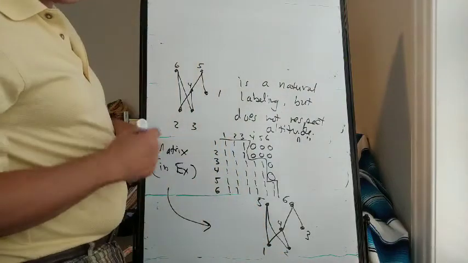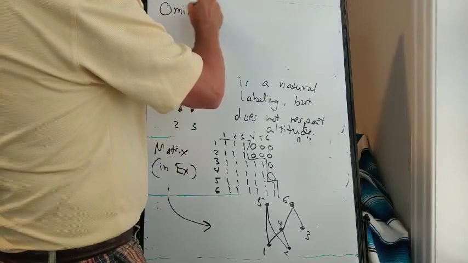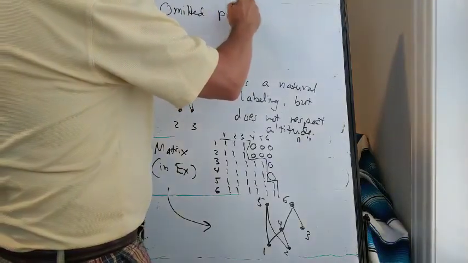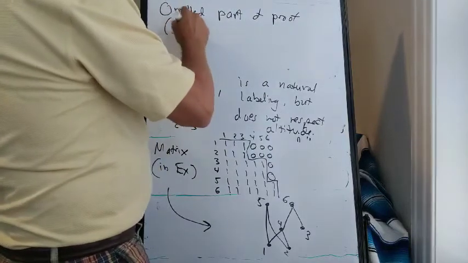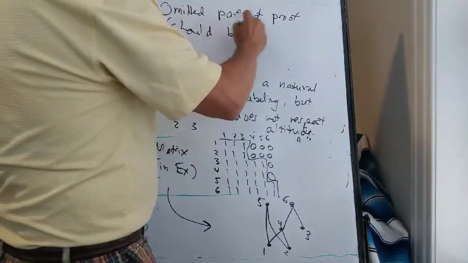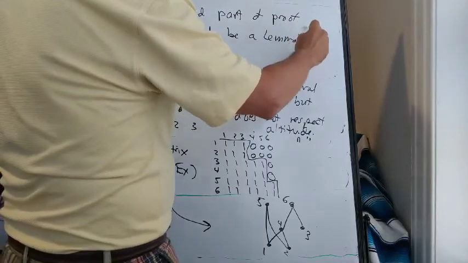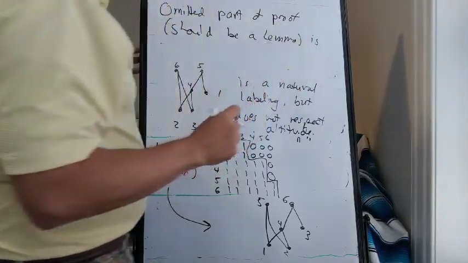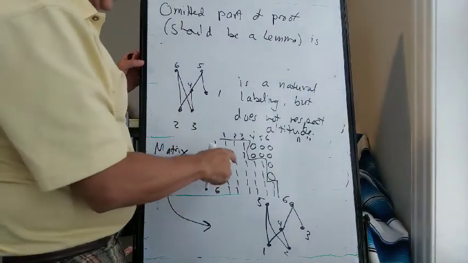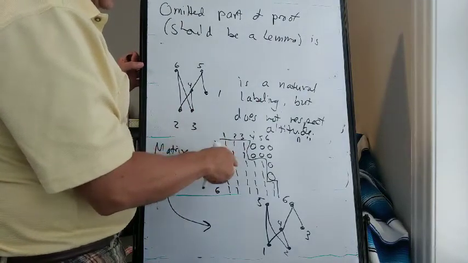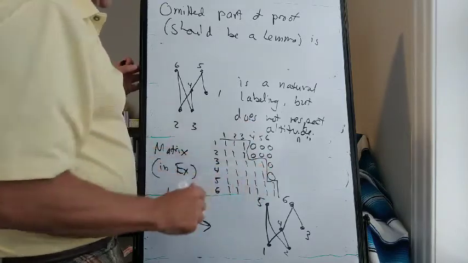So the crucial part of the proof, which I'm omitting, which should be a lemma, is that when we use an altitude respecting labeling, this matrix has the special form with the zeros and the ones that has a lattice path between them.